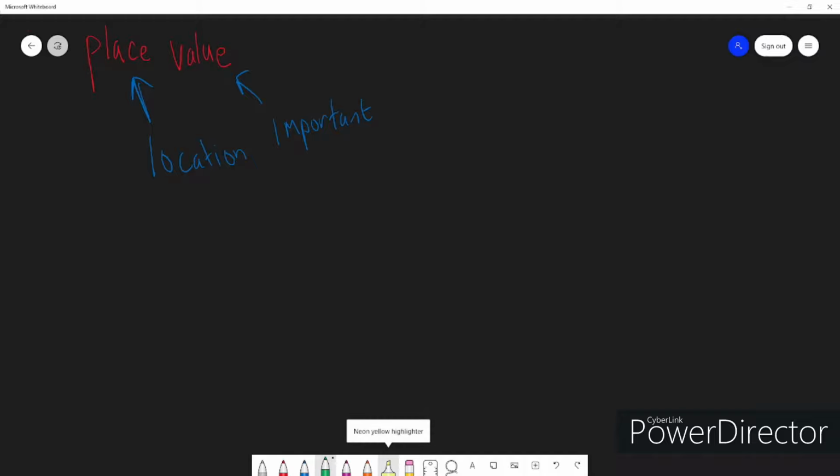If we look at a number such as 235, each and every one of these numbers has a reason why it is in this location. We would not have a number such as 235 if there wasn't a value or importance to it.